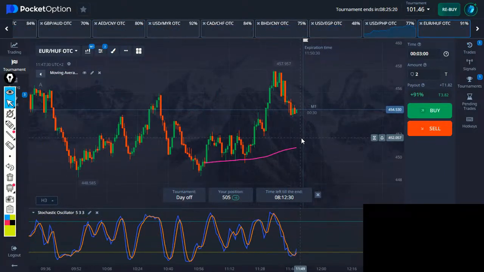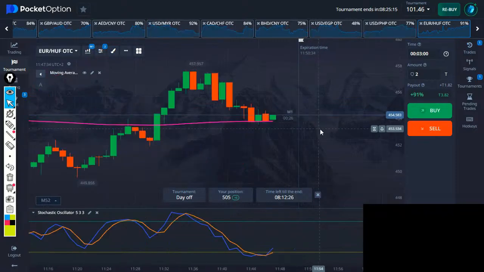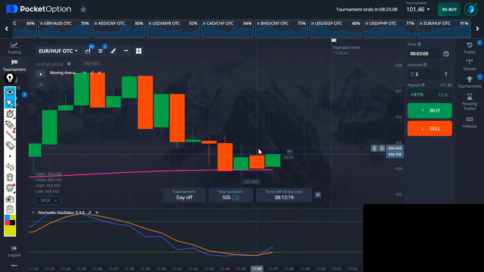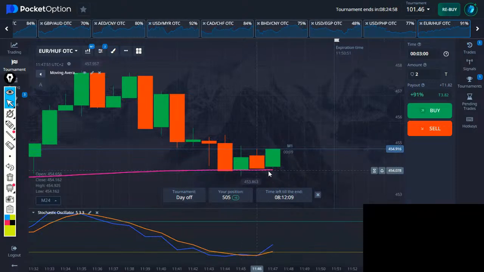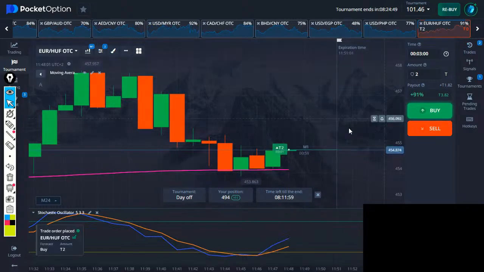This is also nice. If it closes anywhere here, I'll take it. The moving average is serving as a support zone. Come on, yes, I'll take it.